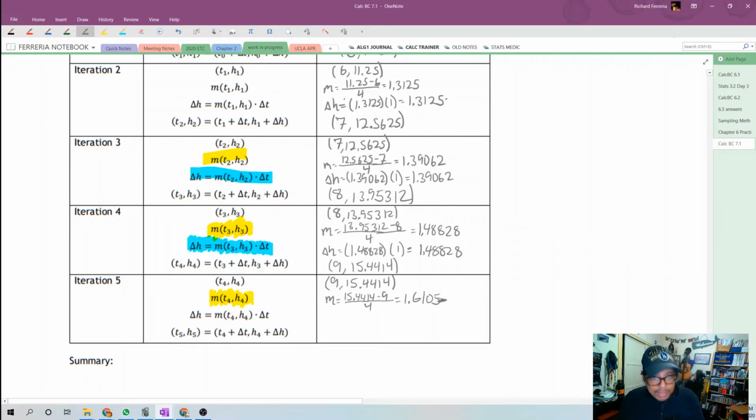Okay, so that's looking good. 1.61035 for our m. Our last delta h is equal to 1.61035 multiplied by our delta t, which was 1 for the last time.